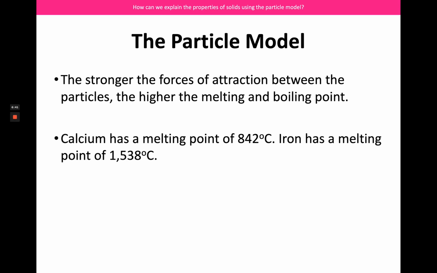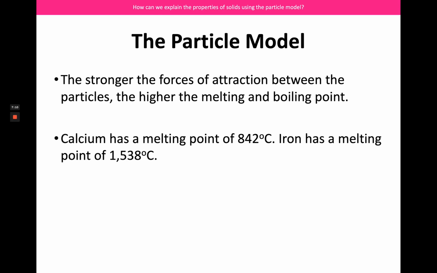What that tells us is that even though the forces of attraction are strong in both of them, the forces of attraction must be stronger in iron, because it requires more energy, and temperature is really a reflection of energy. It requires more energy to melt the iron, to overcome those forces of attraction. I appreciate this language may sound quite unusual, and I'm really just introducing it now.